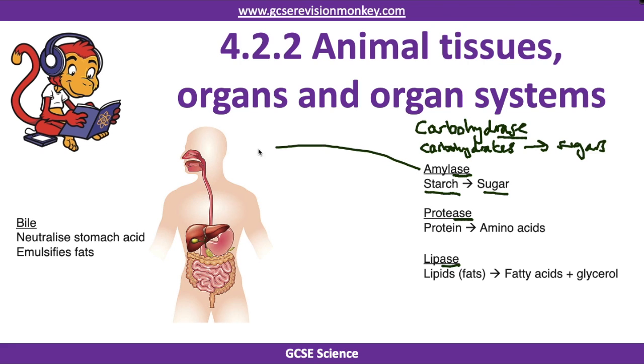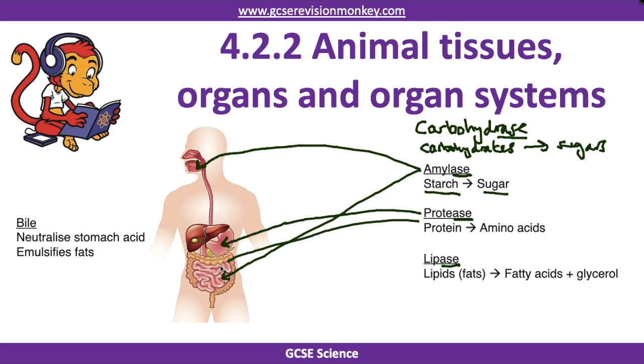Amylase is produced in the salivary glands and in the small intestine, and it also works in both places. Protease is produced in the stomach and the small intestine, and it also works in those two places. And lipase is produced and works in the small intestine.